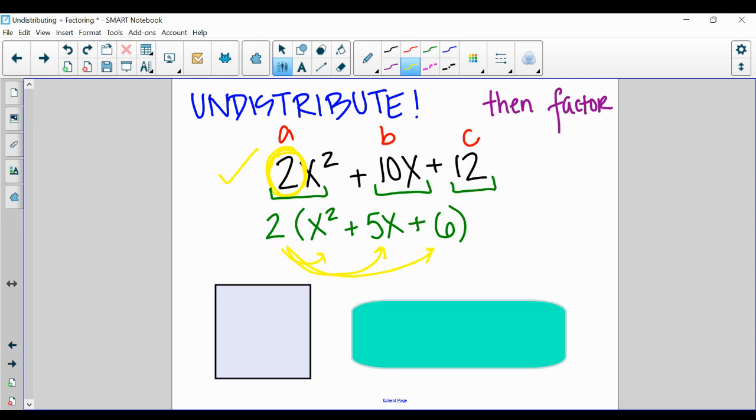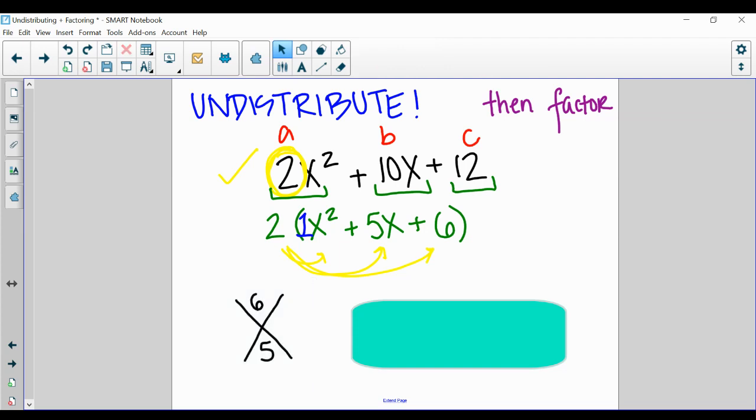Now that I have undistributed my 2, you can see that we have a coefficient of A of 1. So now we're able to use our magic diamond. I've taken my B value of 5 and my C value of 6, and plugged them into my magic diamond here.